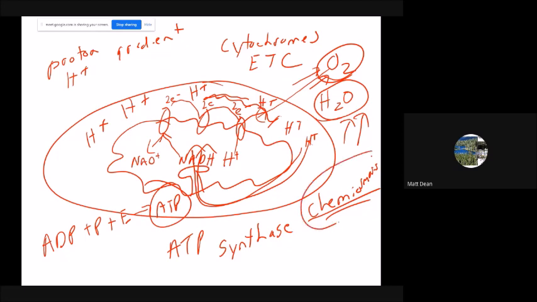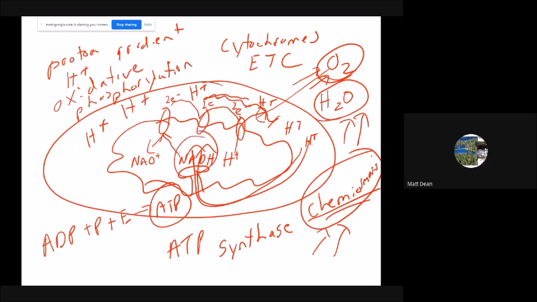Remember that chemiosmosis is the production of ATP using energy from a proton or an H plus gradient. You'll also sometimes hear this last step, this ETC step, referred to as oxidative phosphorylation. And what I want you to think about there is it's called oxidative because the first thing that needs to happen is the NADH and the FADH2 both get oxidized.